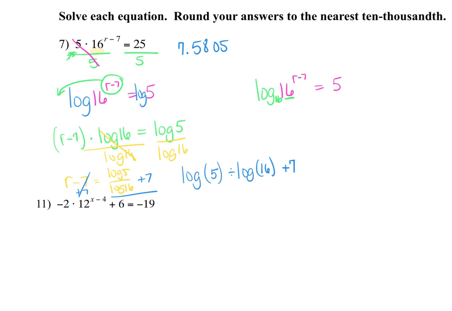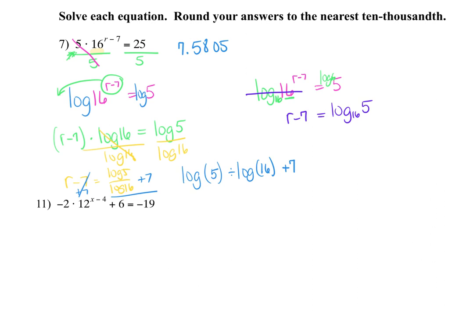But now I'd say log base 16 of both sides instead of base 10. What this does is on the left-hand side, the log base 16 and exponent base 16 cancel each other out. And I just have the r minus 7. And over here, I have log base 16 of 5.